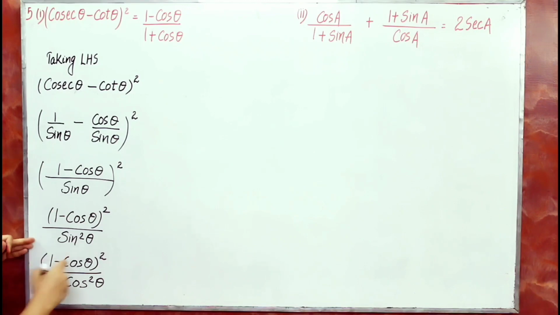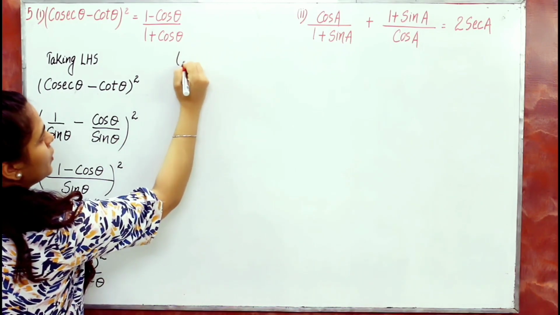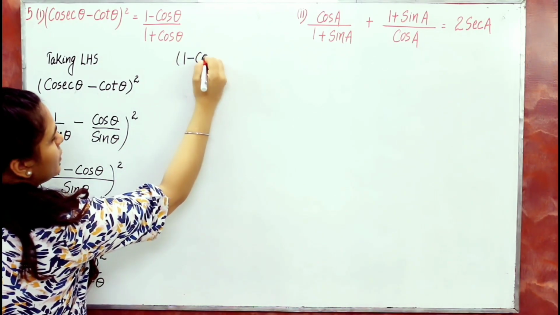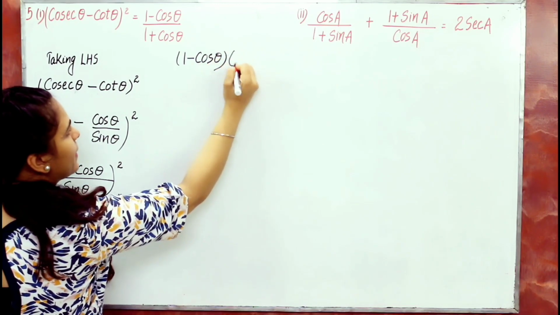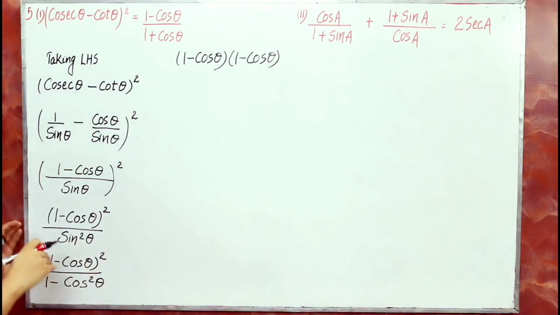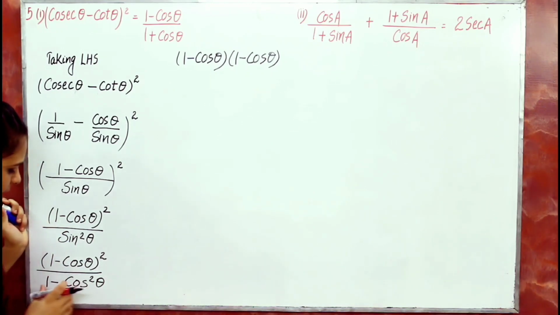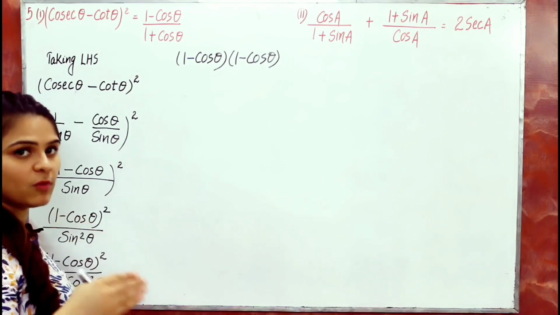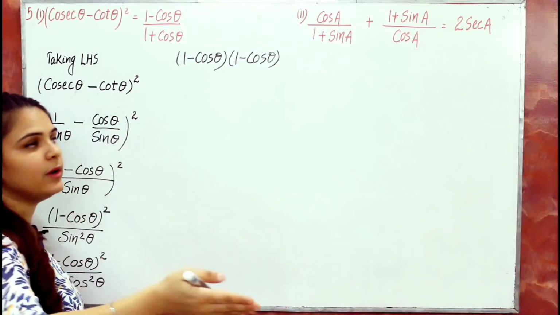From there you can write the numerator as (1 minus cos theta) multiplied by (1 minus cos theta), because this is (1 minus cos theta) whole square. And here you can see 1 minus cos square theta is in the form of a square minus b square.